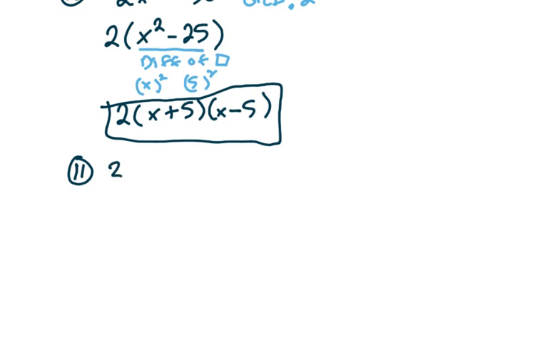All right, one more. Let's do 3x cubed plus 18x squared plus 24x. So I look now at GCF, I have 3 terms here, so it has to go into all 3 terms.